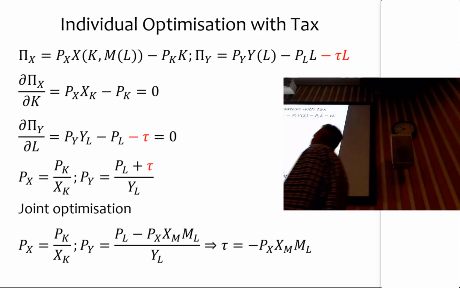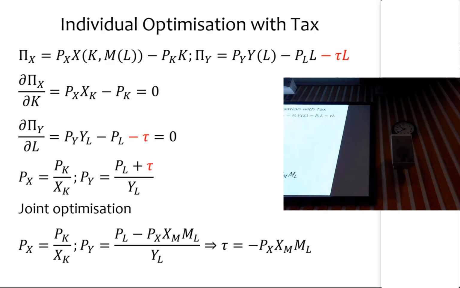Now, in the joint optimization, we wanted this. Now we find this. So if we set the tax on labor equal to minus P_X X_M M_L, then we're back in the social optimum, right?